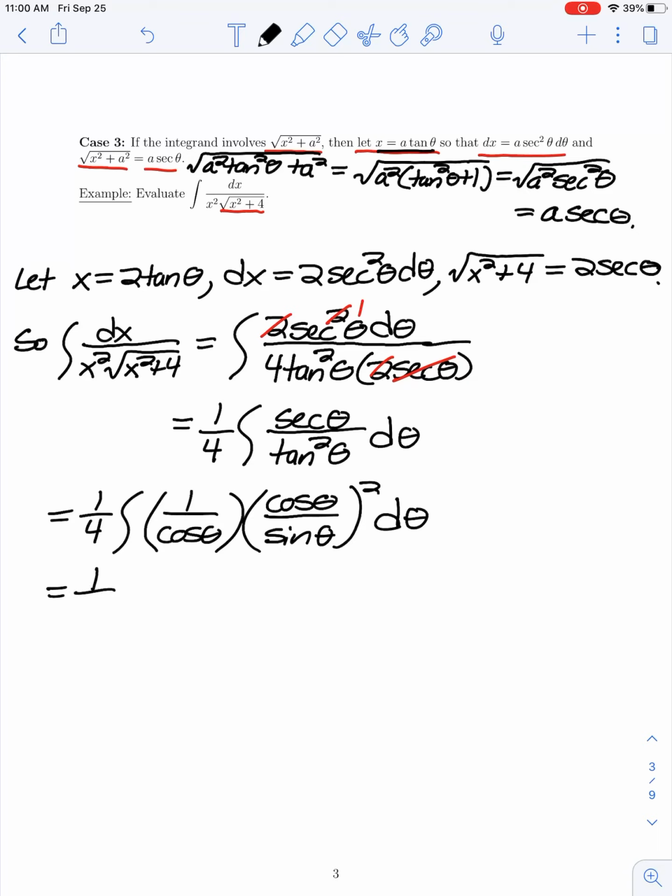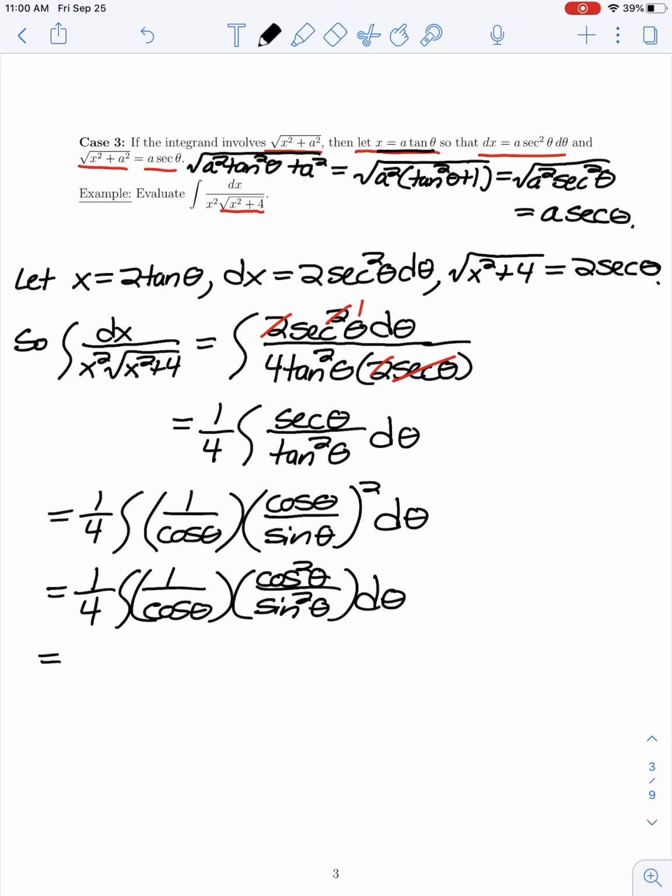So now we have 1/4 times the integral of 1 over cosine theta times cosine squared theta over sine squared theta, d theta.